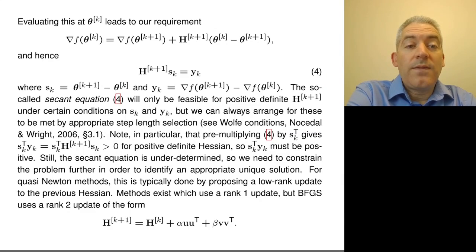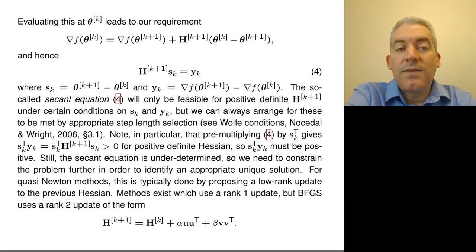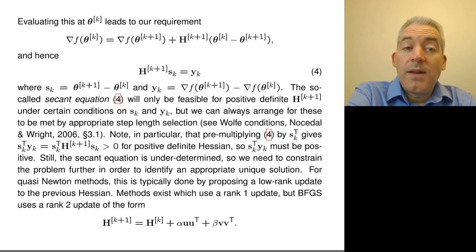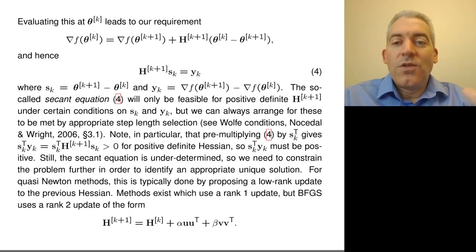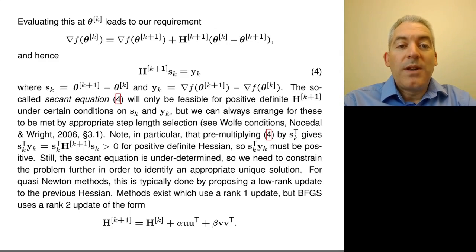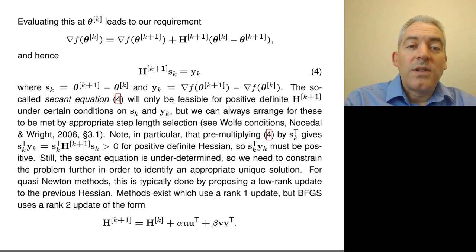And if we just give the differences in the thetas and the differences in the gradients the names y_k and s_k respectively, then we get this equation 4 here, which is the so-called secant equation. The origin of the name isn't really important, but this equation is known as the secant equation.